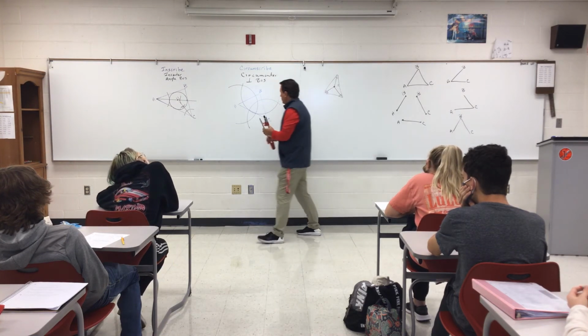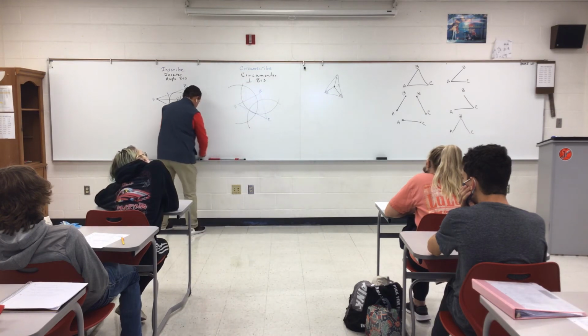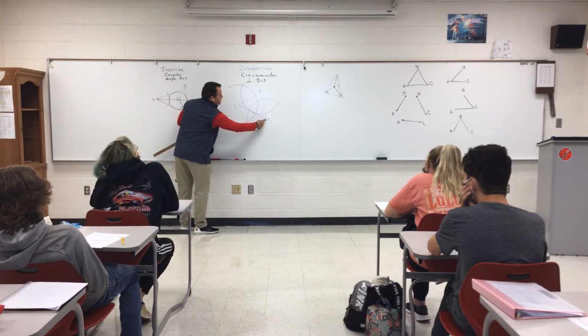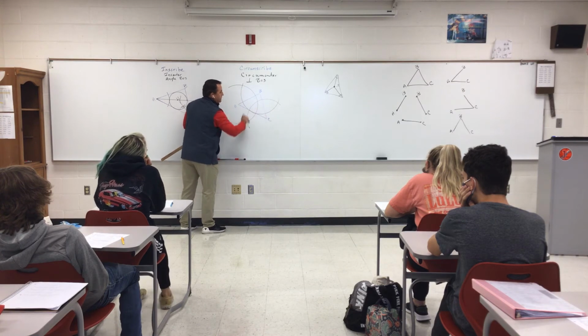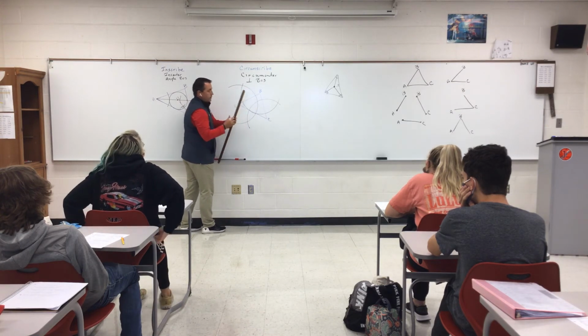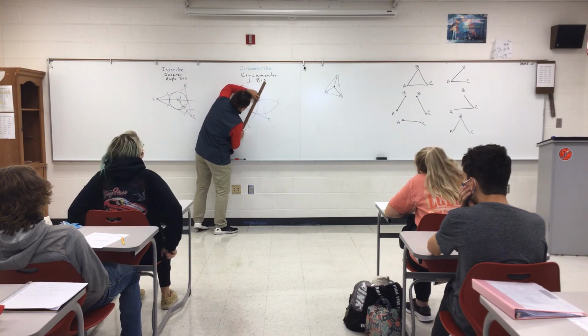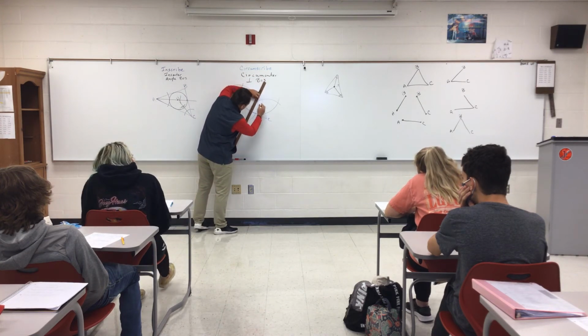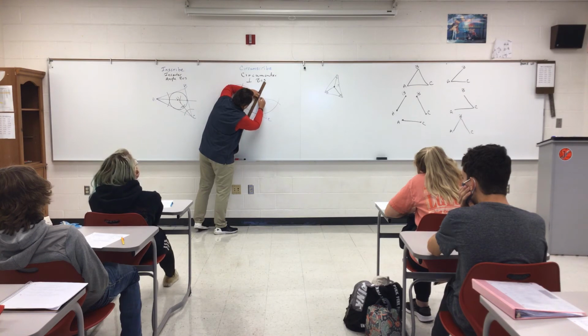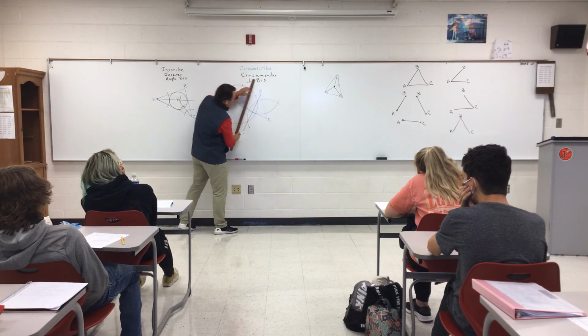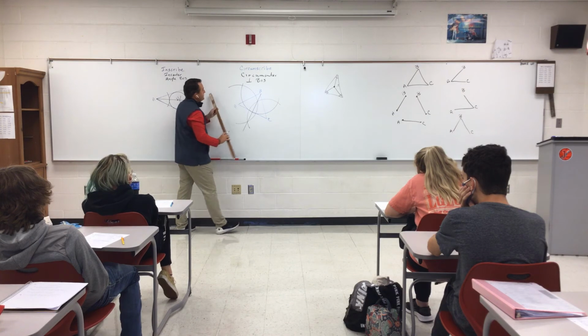So let me go through it, each one. From these 2 points, remember when I made that arc and this one? Where they cross is the perpendicular bisector. Draw that sucker in there. Okay, that's a perpendicular bisector.